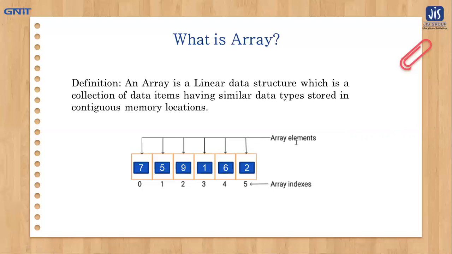So this is the contiguous memory location, and we can store only similar kind of data, or homogeneous data, in an array. What kind of element it will store depends on the type of the array, and it depends on the number of elements in the declaration.